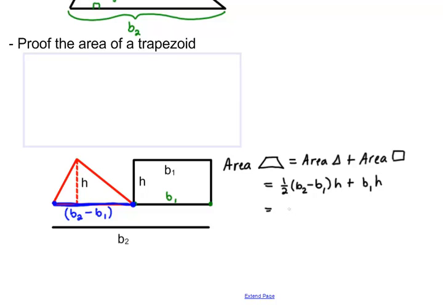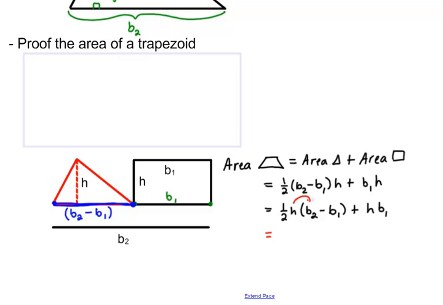Actually, what I'm going to do first is put this H out front. I'm going to reorder my numbers. So I'm going to have 1/2 H times B2 minus B1, and I will rearrange these letters to H times B1. You could do that. It's just going to make it look prettier.